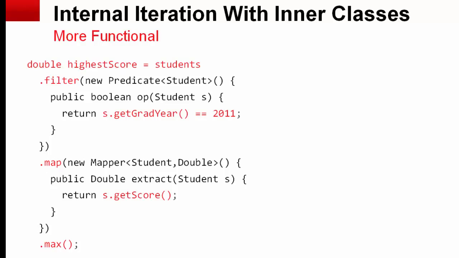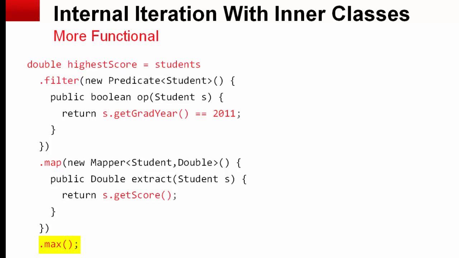So at the end of the map, we have all of the scores that the students who graduated in 2011 got. We pass that collection of data into what is in effect a reduce operation, but it's a special form of reduce, which is max. So it takes all these double values and looks at them and determines which is the highest value.